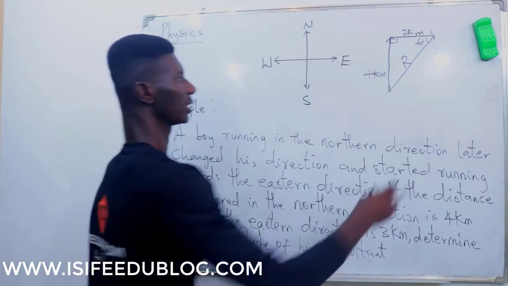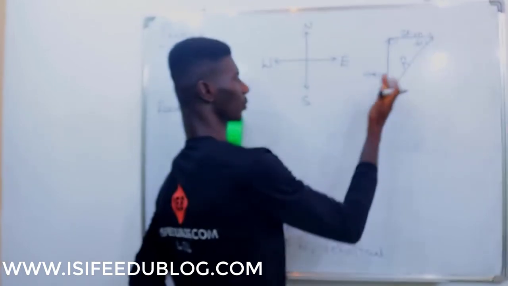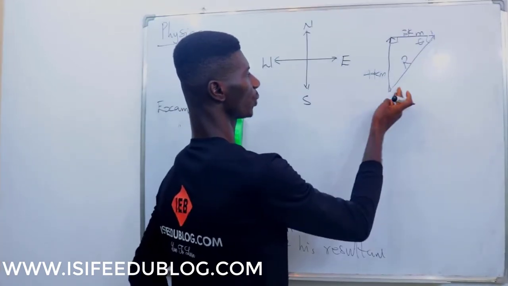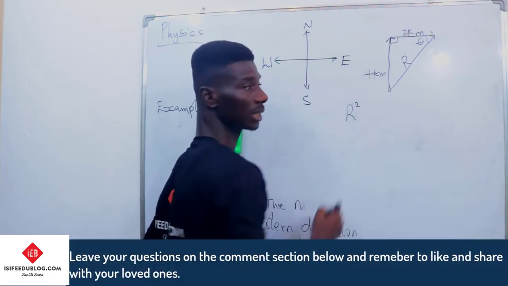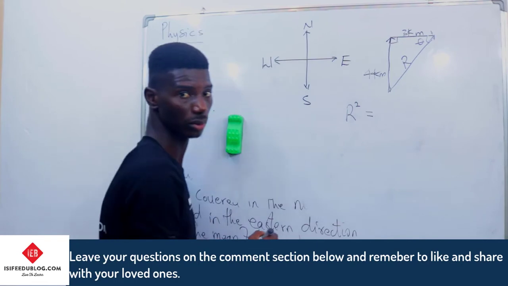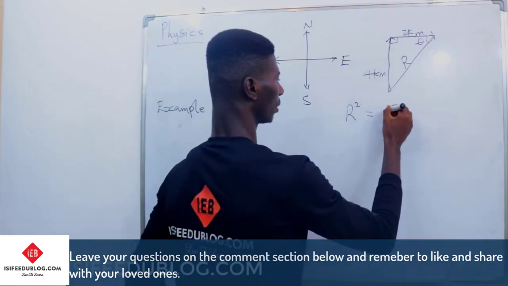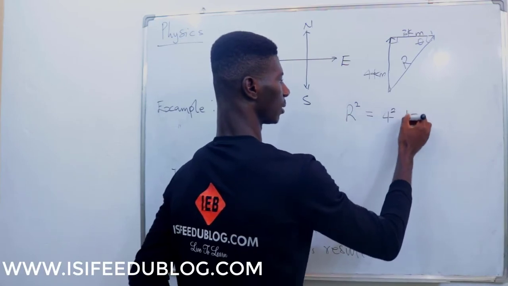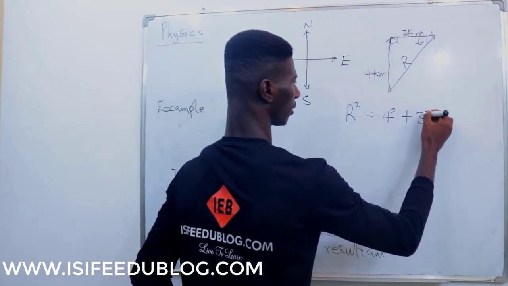Now how do you solve this? We're making use of the Pythagoras theorem, which says the square on the hypotenuse, the hypotenuse is the resultant, the magnitude of the resultant vector we are looking for, is equal to the sum of the squares on the opposite, the side facing the angle, plus the adjacent, 3 squared.